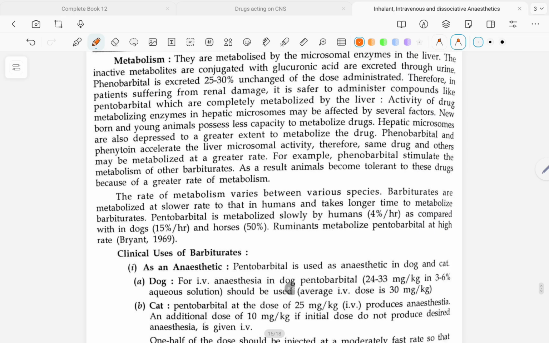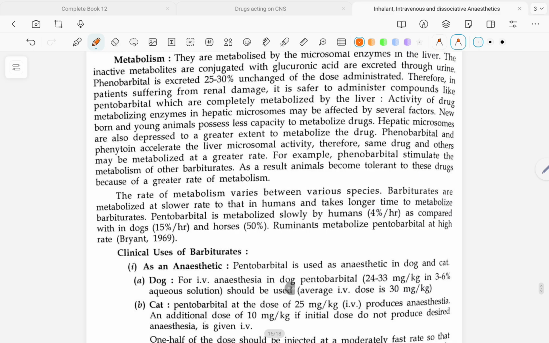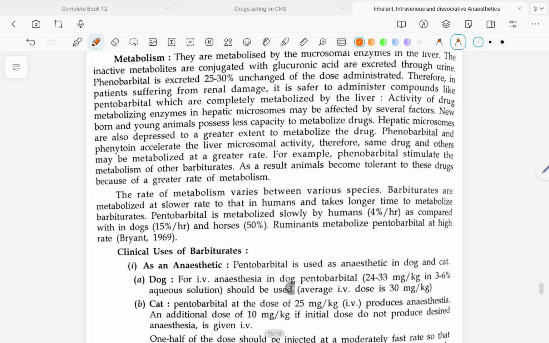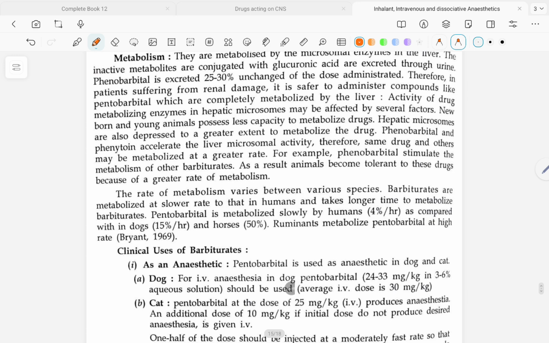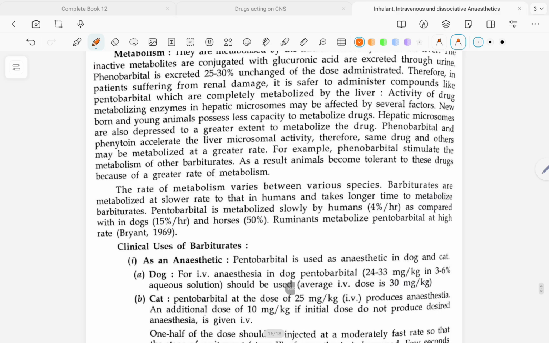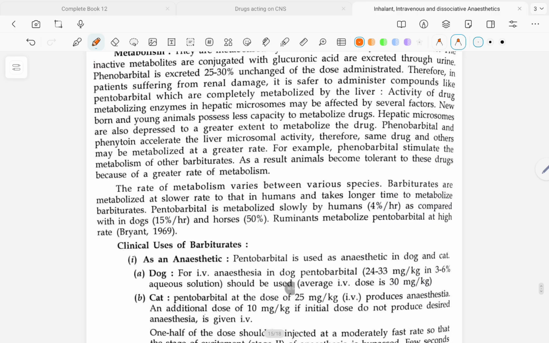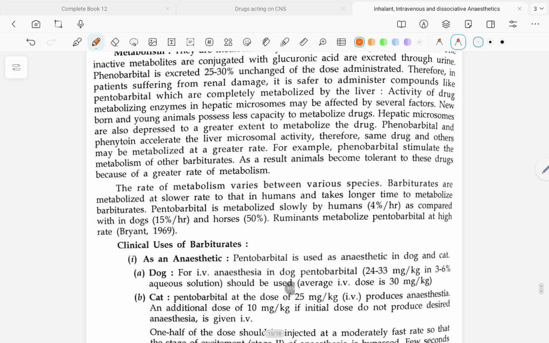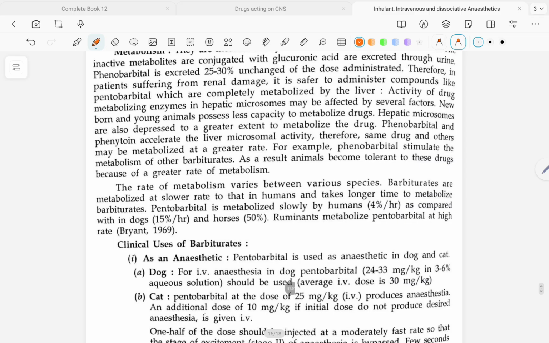Activity of drug metabolizing enzymes in hepatic microsomes may be affected by several factors. Newborn and young animals possess less capacity to metabolize drugs. Hepatic microsomal activity is also depressed in disease.